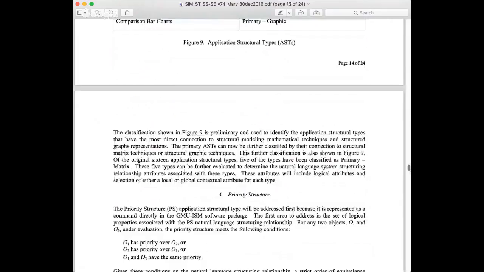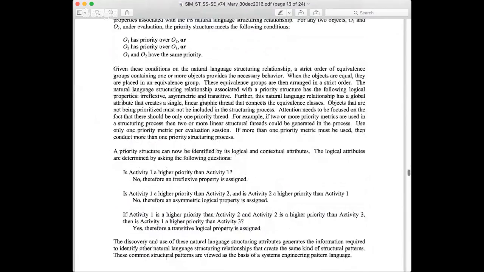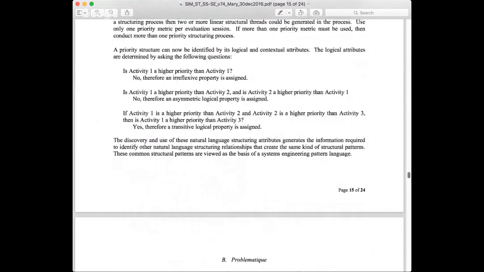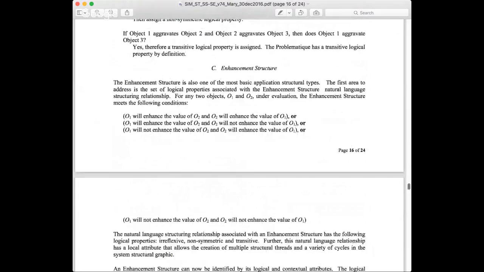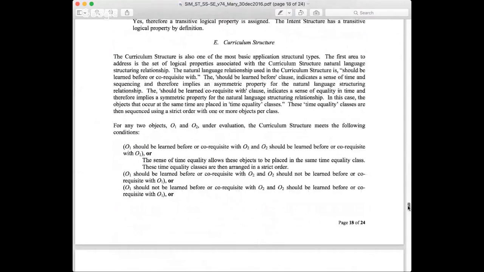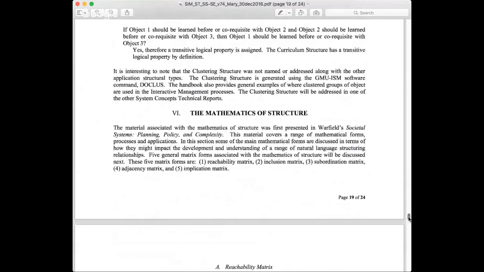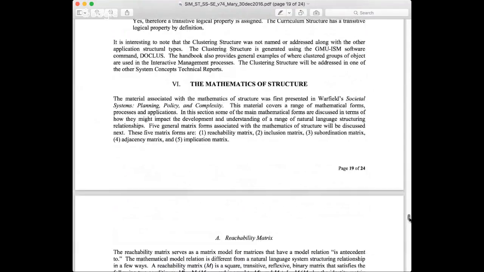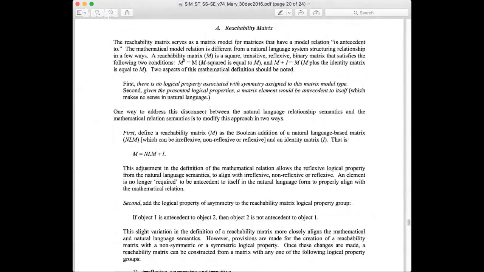So then we went through and talked about what these different structures were, the priority structures and matrices and so forth. And then the mathematics of structure, when we got here, we started talking about the reachability matrix, which we basically did this month.